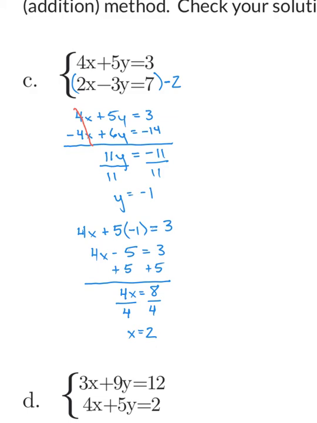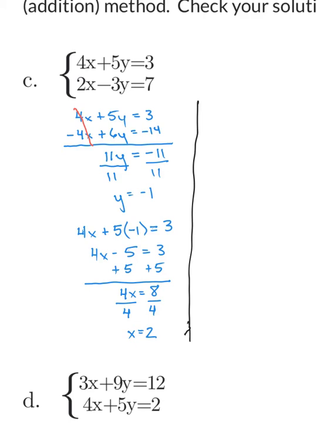So now, I'm going to redo the problem just to show you that it doesn't matter which variable you pick to eliminate. Either way, both of these are going to be relatively easy. So what if we decided to go with y instead? So if we go with y instead, I want to know what is the least common multiple for 5 and 3.